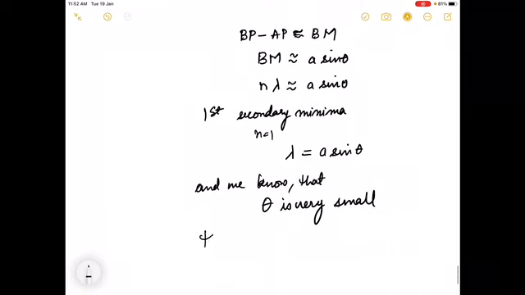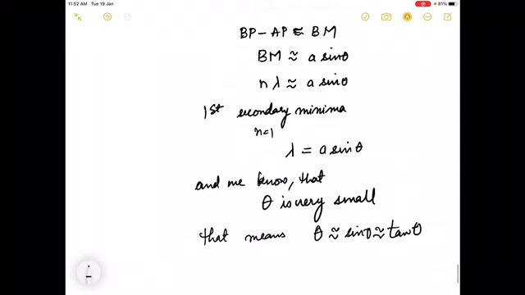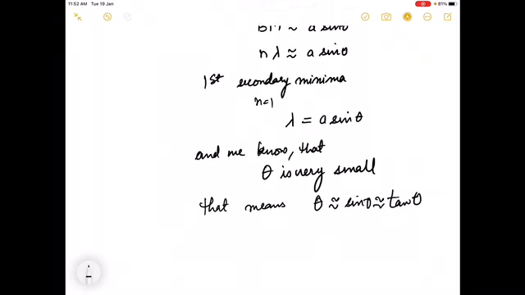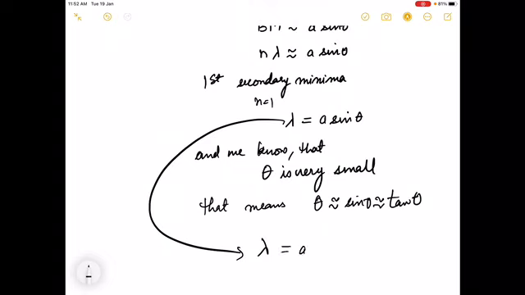So that means sine theta can be written as tan theta, right? Because for smaller angles of theta, sine theta can also be written as tan theta, and theta can be written as sine theta and tan theta, right? So very clearly I can write it over here. This equation will change to lambda is equal to a tan theta.